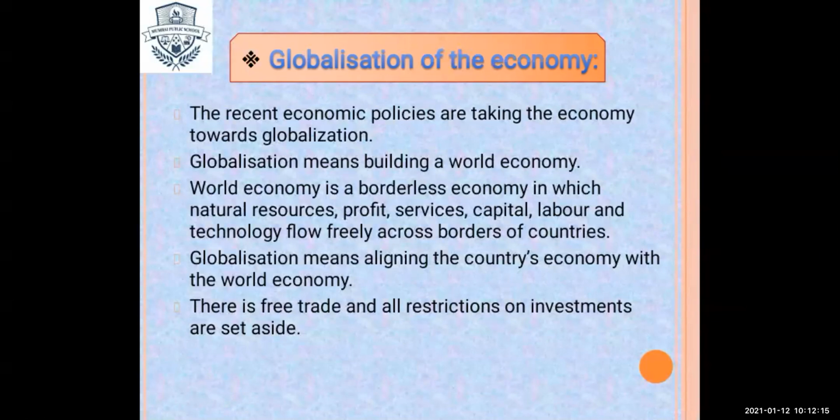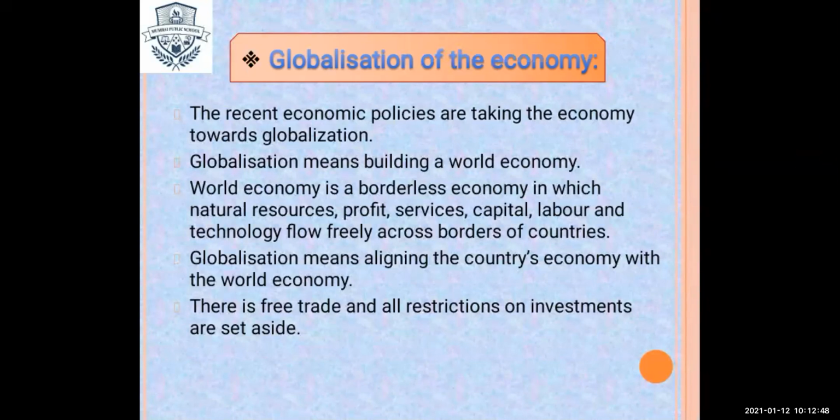Globalization means what? A brand which can be seen in the whole world is known as a global brand. For example, take the soft drink Coca-Cola, students. Coca-Cola, the soft drink, is available in the whole world. Many other brands are also there: Mercedes car, McDonald's, Nike shoes.